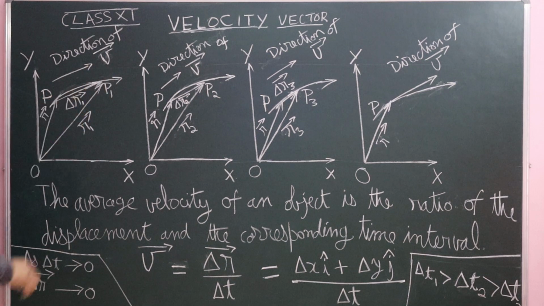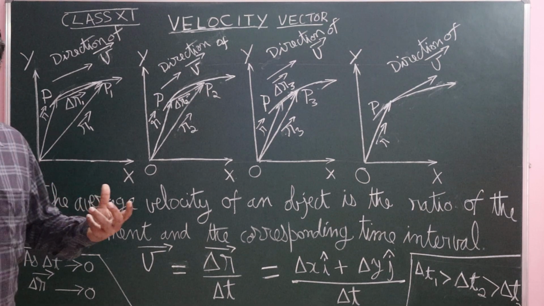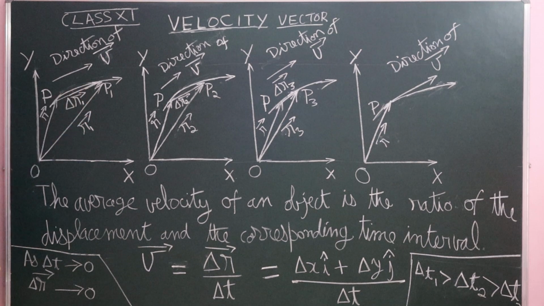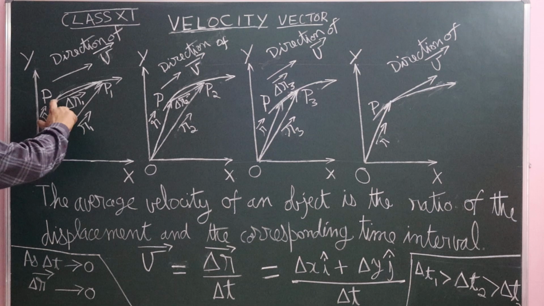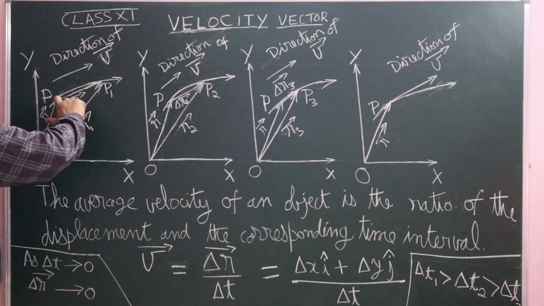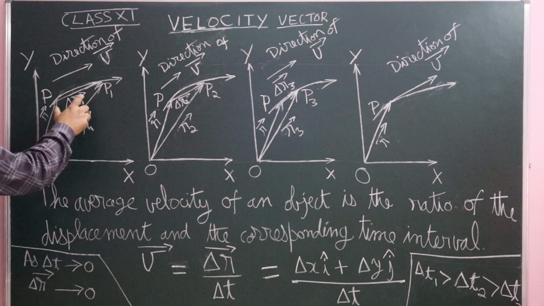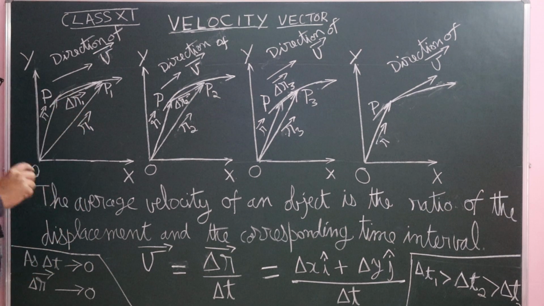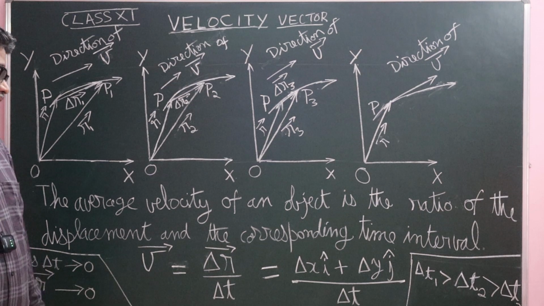Now let del R1 be the distance covered, that is, the displacement. Del R1 is the displacement of the object, along the direction of motion of the object. Let the object take del T1 to cover the distance.